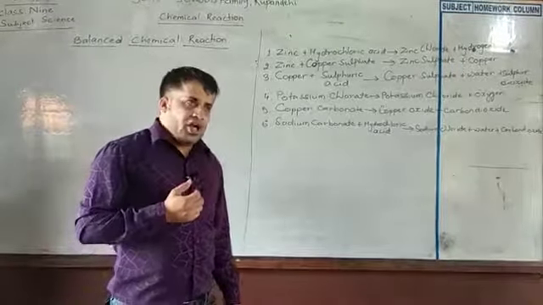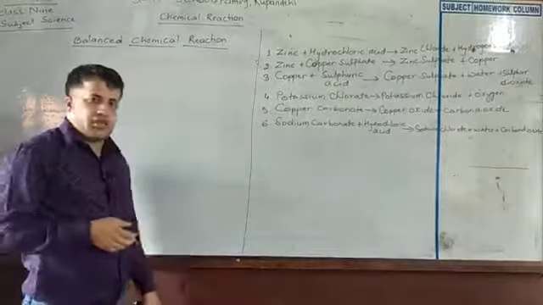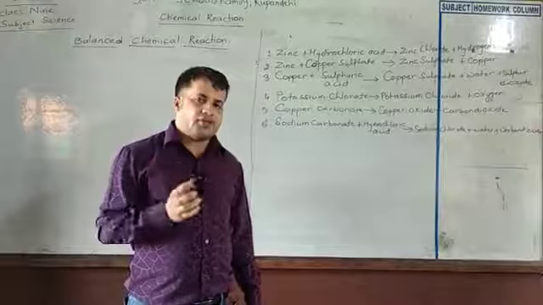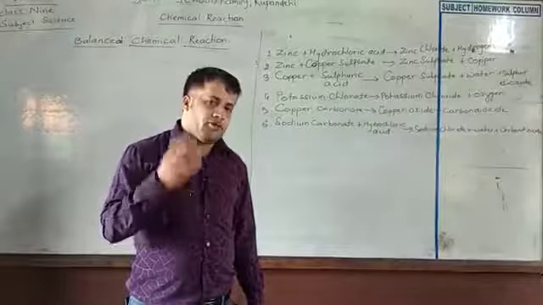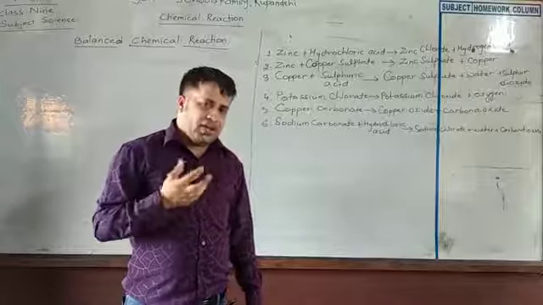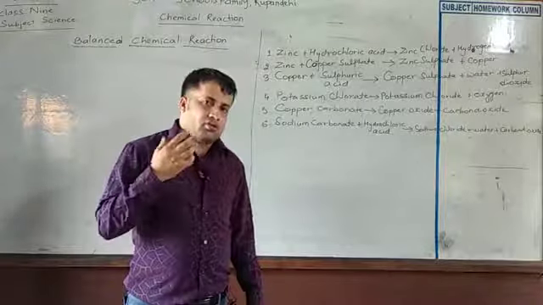And earlier, in the word equation, we have studied that if a chemical change is expressed by using the complete name of the element or the reactant and product, it is called the word equation.